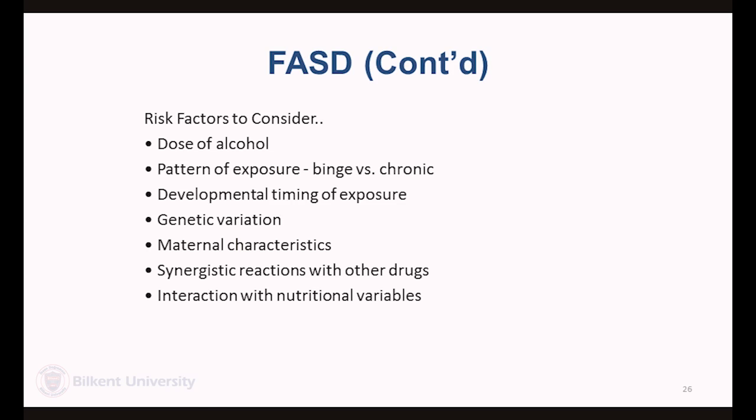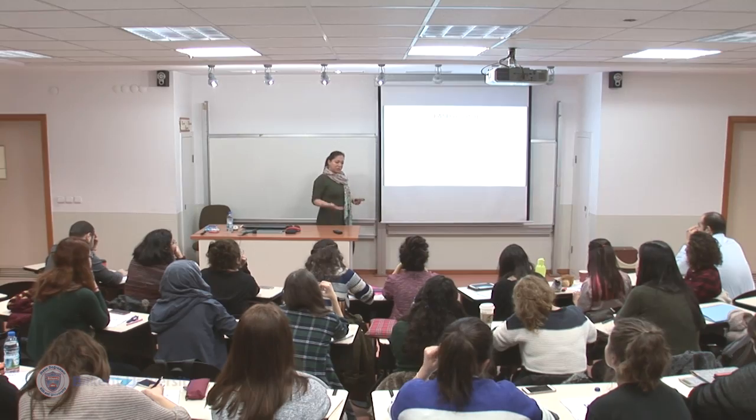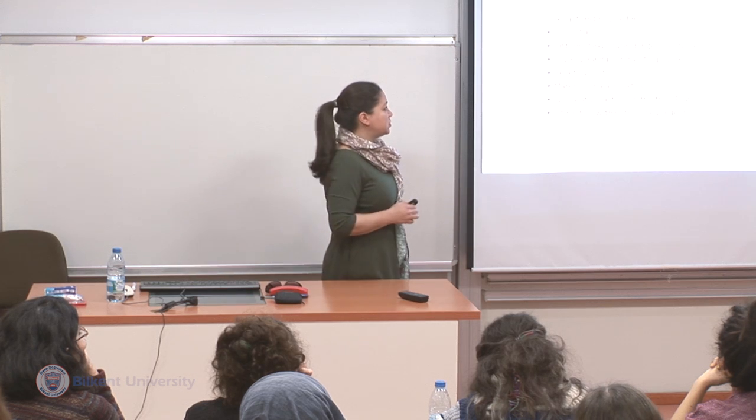Genetic variation of the infant, maternal characteristics, age, health, otherwise. Synergistic reactions with other drugs. Is the mother taking other drugs, and will they interact and cause harm to the developing fetus? And interaction with nutritional variables. What kind of nutritional intake is the mother being exposed to?